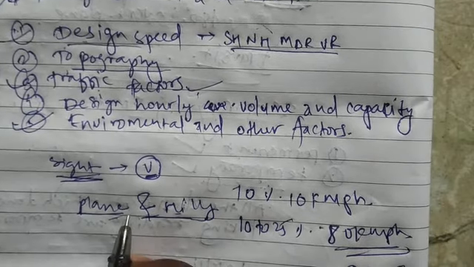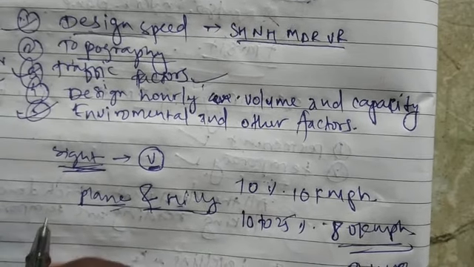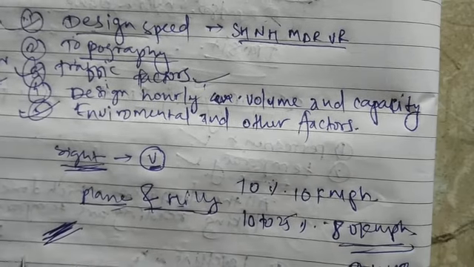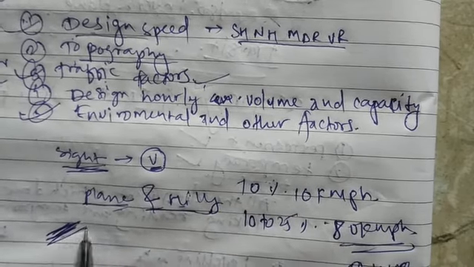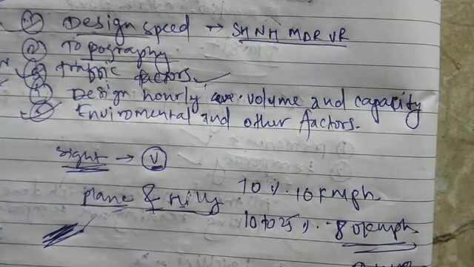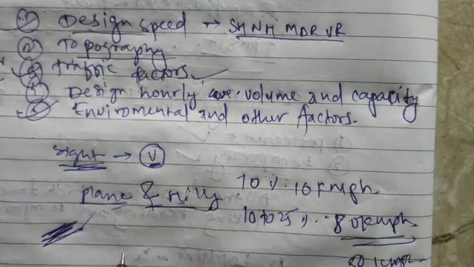Grade separation means we will bridge one route over the other, that is, we will provide an overway bridge at that point. Okay, so these are the factors which control the geometric design.